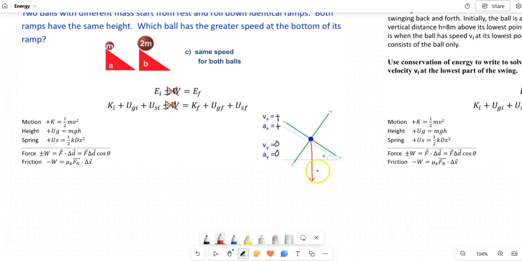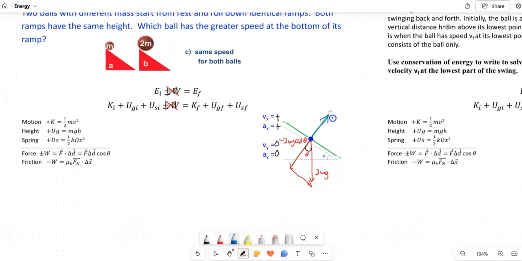So the 2 mass object is going to be 2 mg down. And this is going to be 2 mg cosine of theta, whatever theta is here. It's in the negative direction.